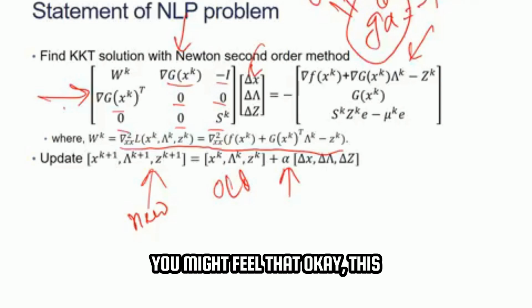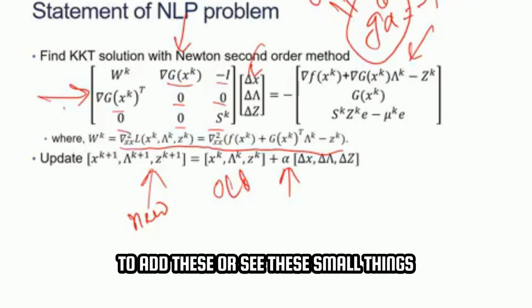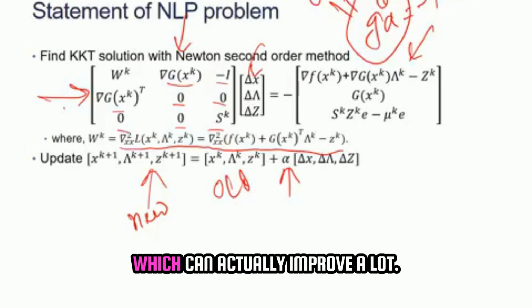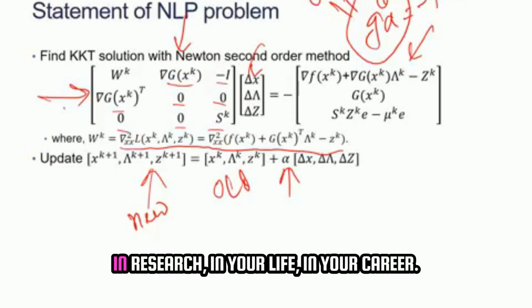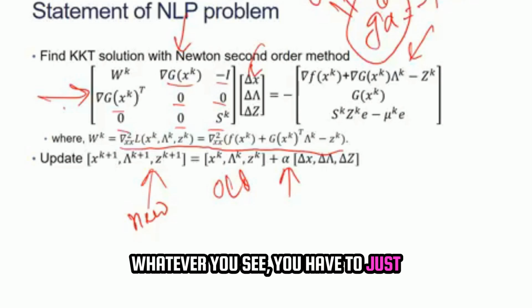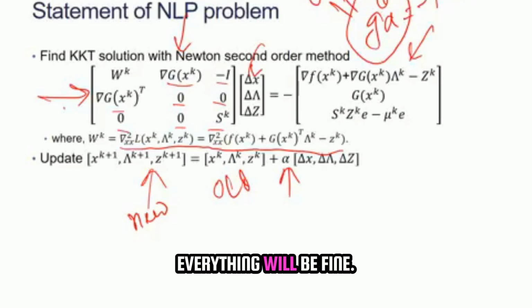You might feel that, okay, this is a very silly thing to add, but people generally find it difficult to add these or see these small things which can actually improve a lot. So this is valid everywhere, in research, in your life, in your career, whatever you see, you have to just resolve the small things and take small steps. Everything will be fine.